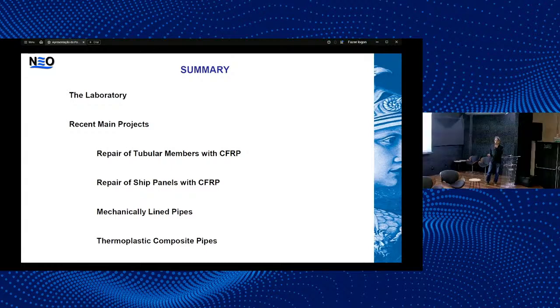And the other ones are connected to the pipeline and risers area. We are studying the behavior of mechanical line pipes during the relay simulation, and thermoplastic composite pipes. We are working on this topic, and we hope to start some projects soon.